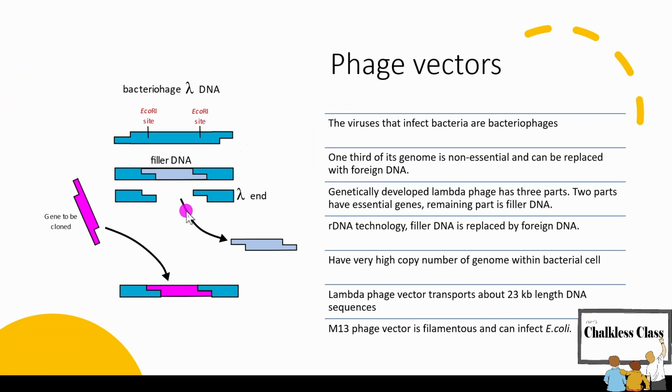The middle fragment has non-essential DNA. This is called filler DNA, and this can be replaced with the gene of interest. Thus, rDNA can be produced. Lambda phage vector transports about 23 kb length DNA sequences. M13 phage vector is filamentous and it can infect Escherichia coli.